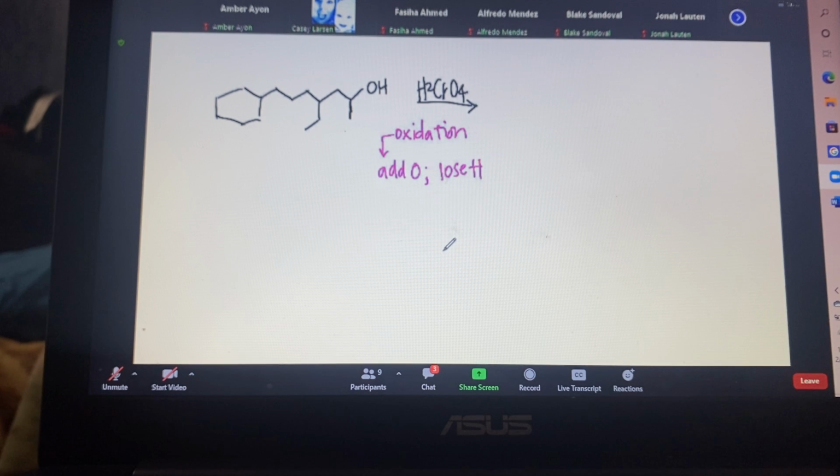Is there a specific place? Can I do this on a hydrocarbon on the ring? Oh, okay. So I got to do this on the alcohol. There's a specific place for it. So don't let this big giant molecule scare you. All we need to do is redraw it.